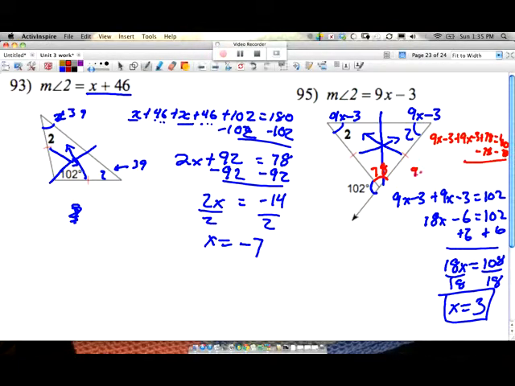And guess what I would get? I'd get 9x minus 3 plus 9x minus 3 equals 102. Hey, surprise, surprise. So whether you started with the interior angles equaling 180 or the exterior angle shortcut where the two remote angles equal the exterior angle, you would have still got the same thing. Same thing, no matter what. Okie dokie dokie. Let's move on.